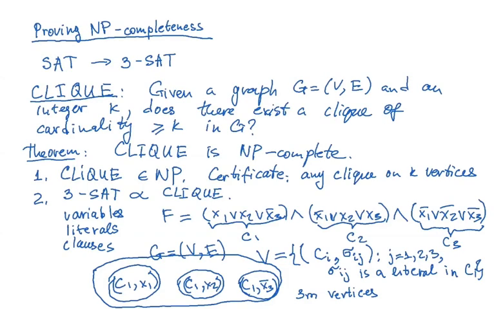So we had x1, x2, and not x3. Let me draw again these nodes for the first clause. So we have C1 x1, C1 x2, C1 not x3.